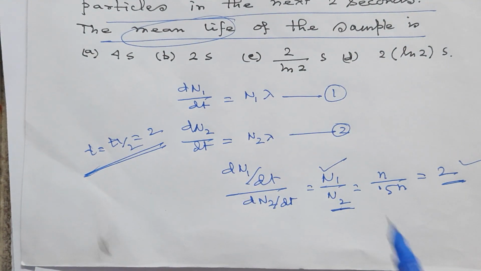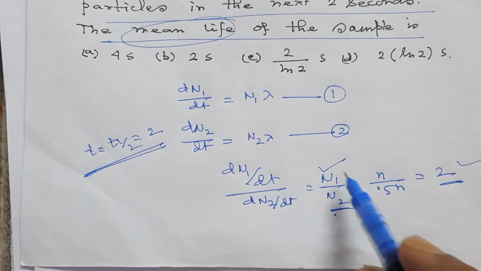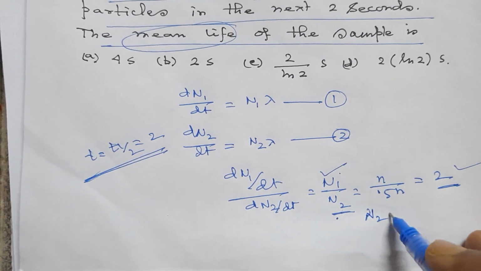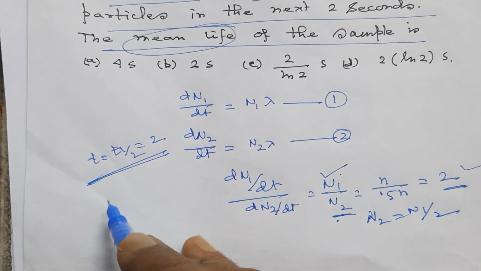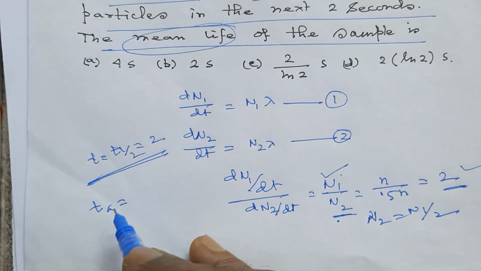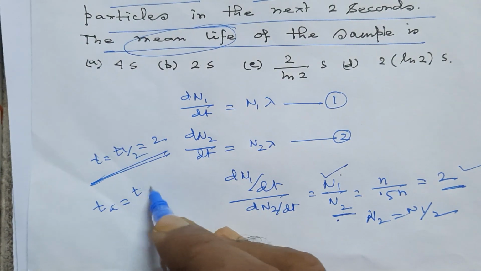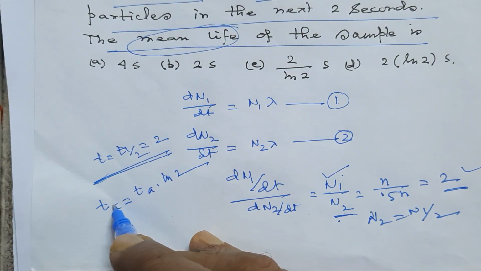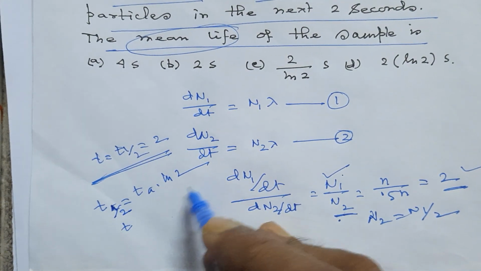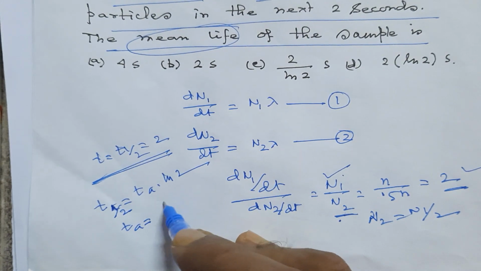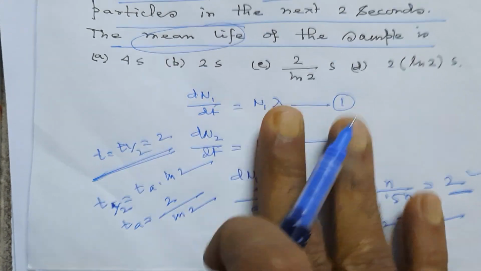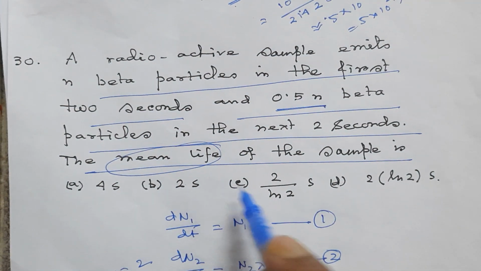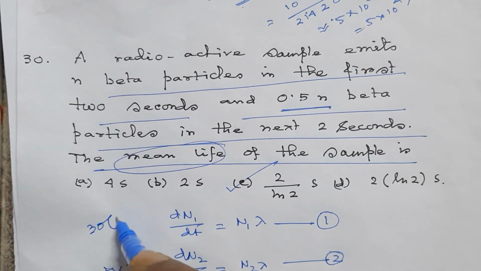Because the number of non-disintegrated atoms in the second case is half the first one, N2 equals N1 by 2, so T half equals 2 seconds. Now T average: T half equals TA into ln2. So TA equals T half by ln2, that is 2 by ln2. So the correct option to question number 30 is C.